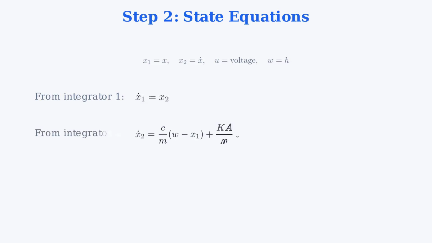The total force entering the integrator is c times the quantity (w minus state 1) plus k a times u. Divide everything by m. So the derivative of state 2 equals c over m times (w minus state 1) plus ka over m times u. The output equation is simple.